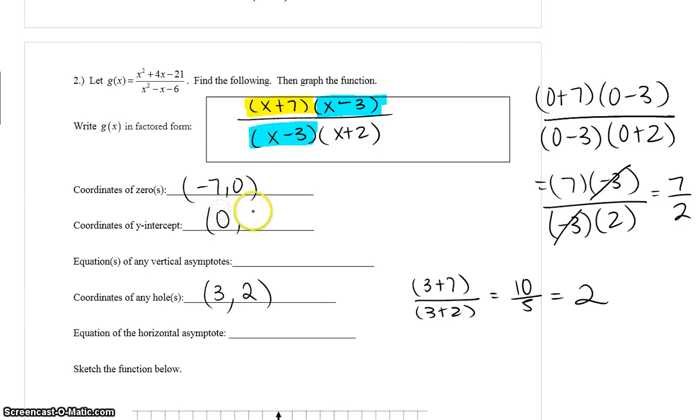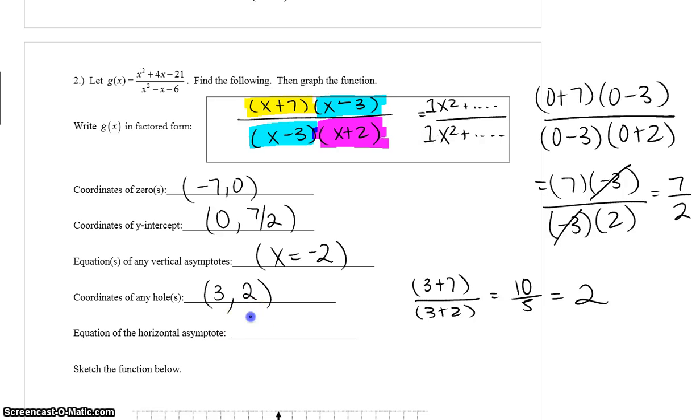So we have a y-intercept at 7 over 2. Our vertical asymptotes are in our denominator. So we have a vertical asymptote at negative 2. And our horizontal asymptote, if we were to FOIL this out, we would get an x squared plus something over an x squared plus something. So when they're the same, that means that we use the ratio of the coefficients. So we have a horizontal asymptote at y equals 1.